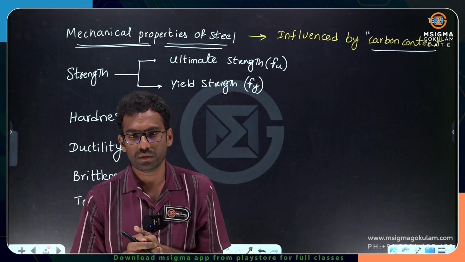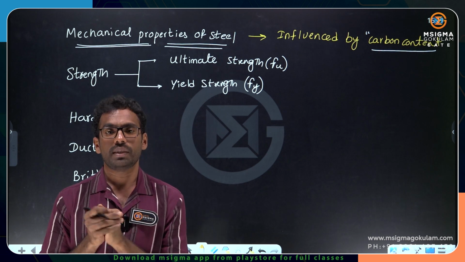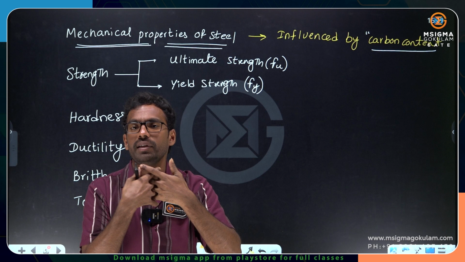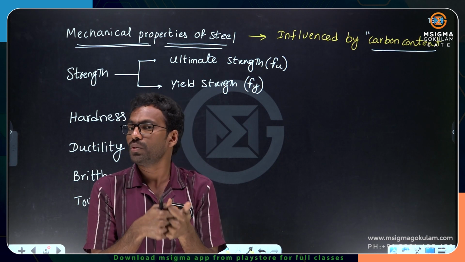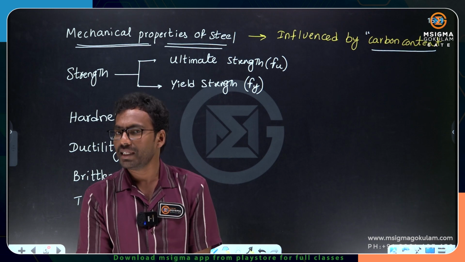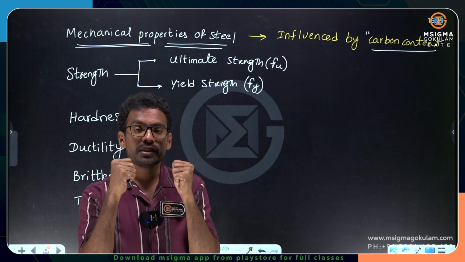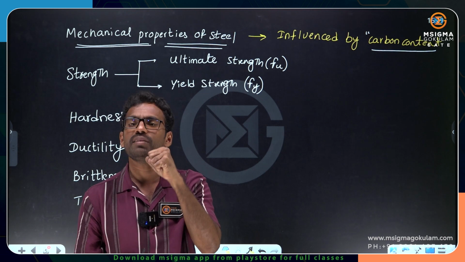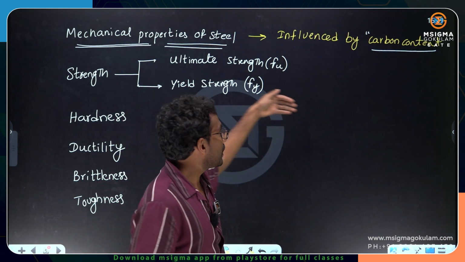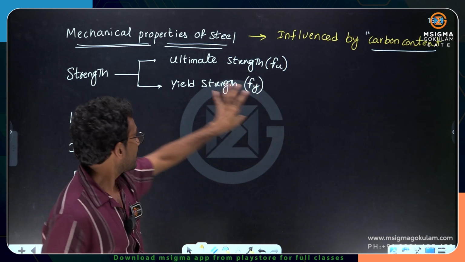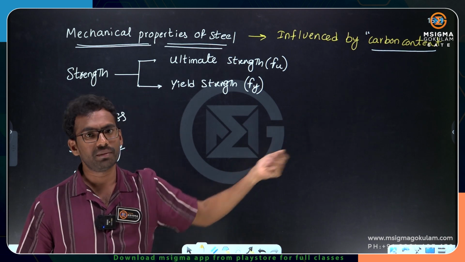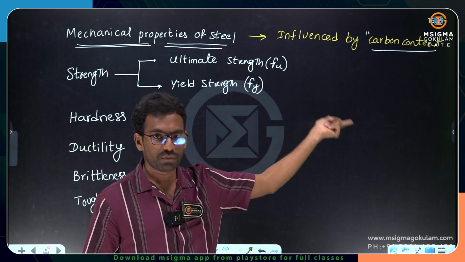I hope you understand that. When you go for higher carbon content, there is more possibility of closer bonds and no chance of having any voids. If there are no voids, we can say that material is very, very strong. That's why strength improves when you increase carbon content. Please understand, both ultimate strength as well as yield strength will be more with higher carbon content.